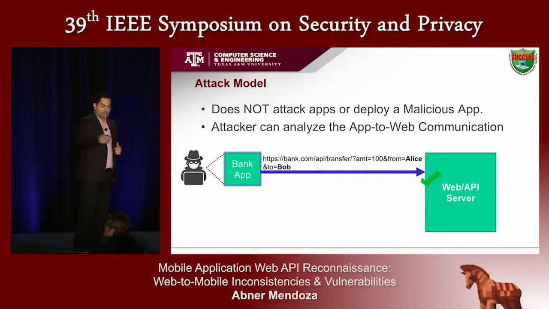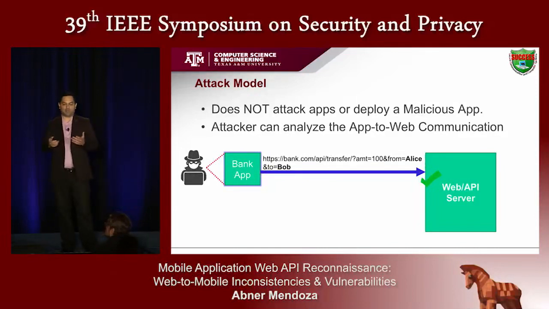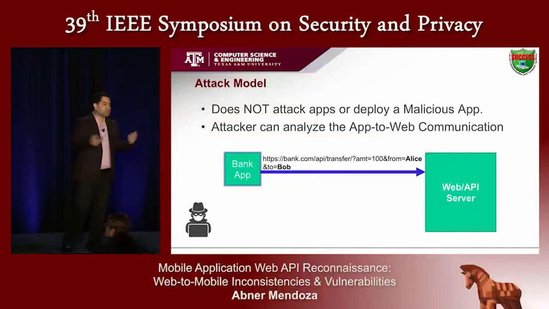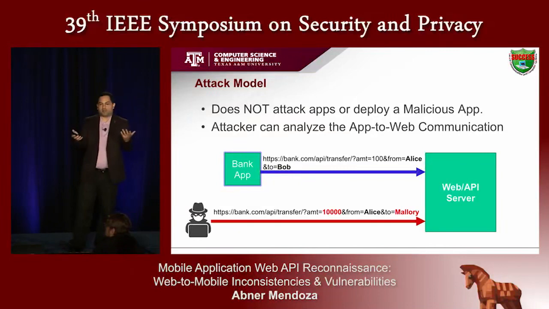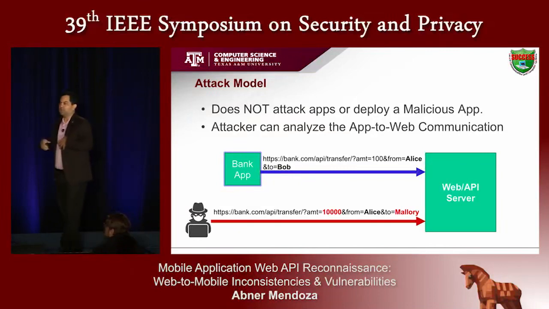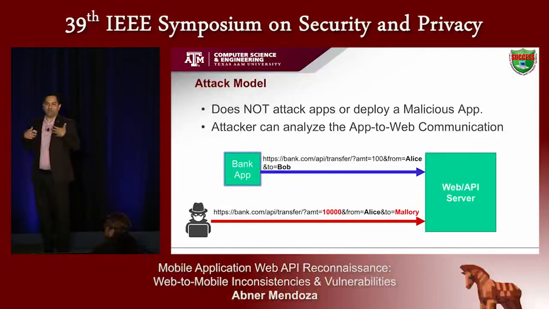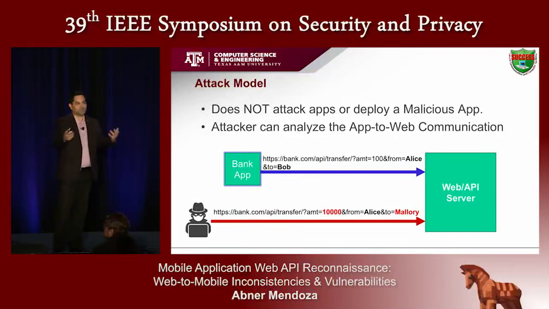So the attacker can analyze the application to uncover this particular API endpoint, among others, and the different parameters and the data types of those parameters. And the attacker might try something, right? It might not be successful, but at least he has some knowledge of where to send a web request. The server, if it's implemented properly, will reject that.